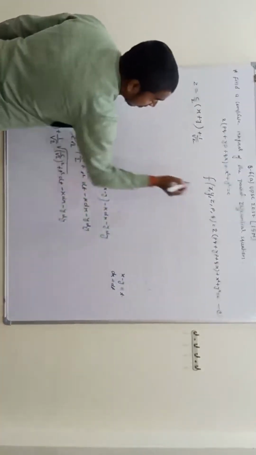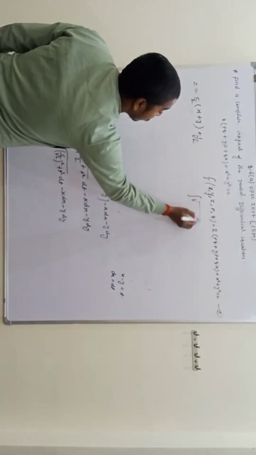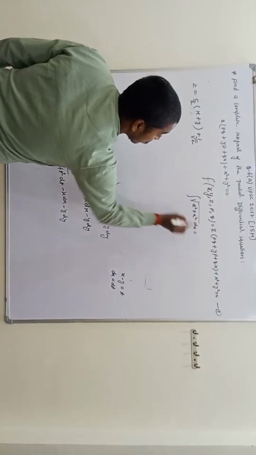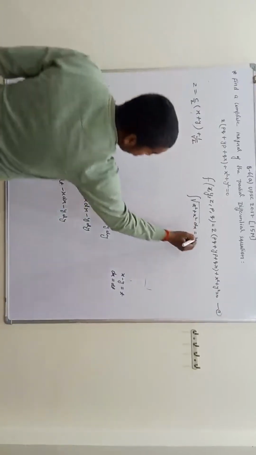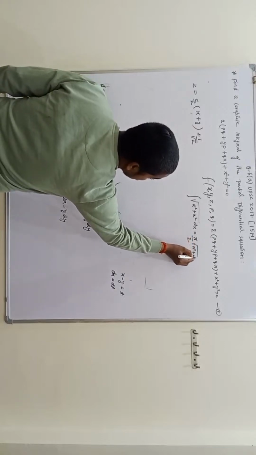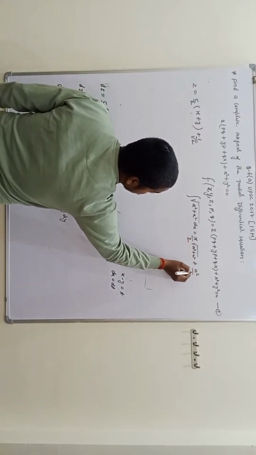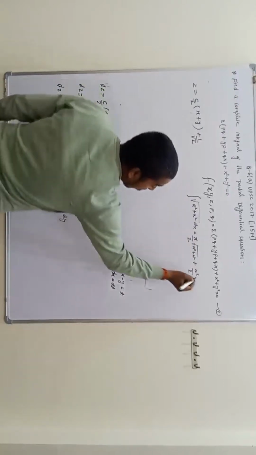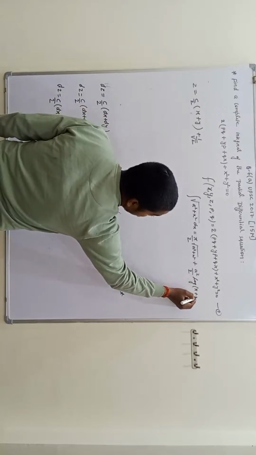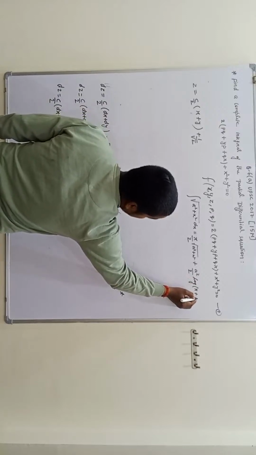We must remember integration of under root of a square plus x square dx is written as x by 2 under root of a square plus x square plus a square upon 2 log x plus a.